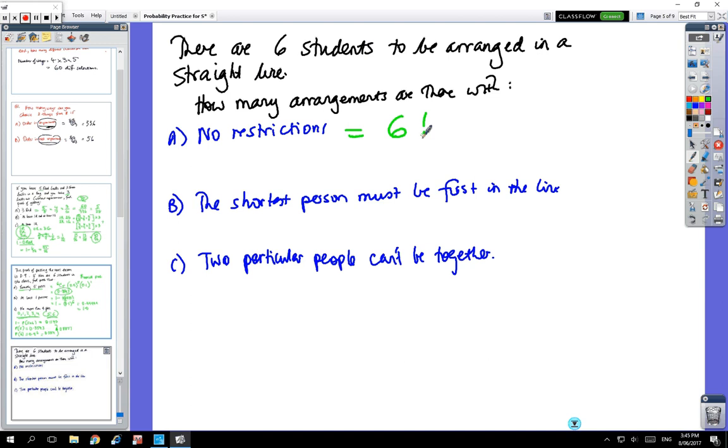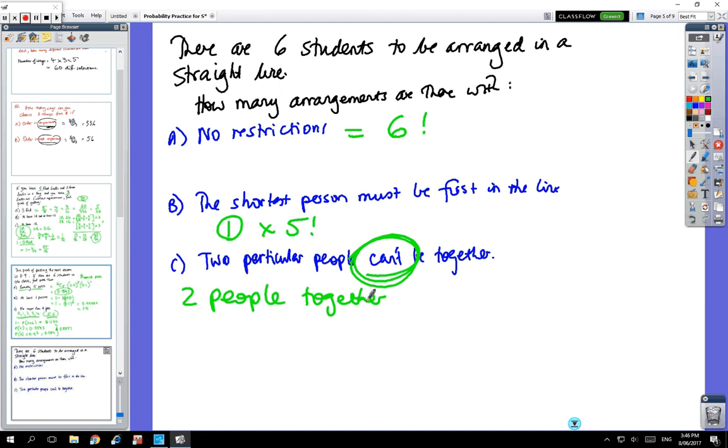The shortest person's first, so there's only one shortest person, and then the others are arranged in 5 factorial. Okay, so 2 particular people can't be together, so we put them together. So instead of having 6 people, we've got a group of 5, which is 5 factorial, and then the 2 people arranged are 2 factorial.